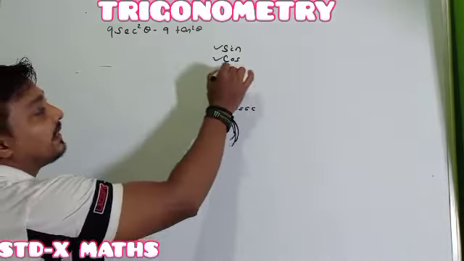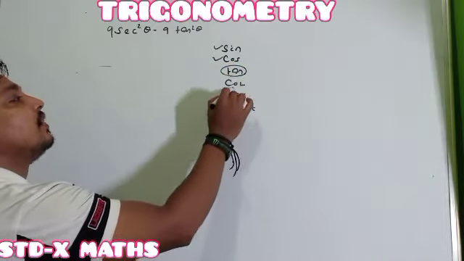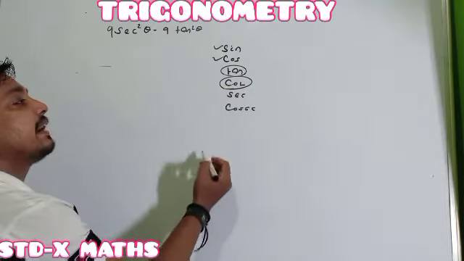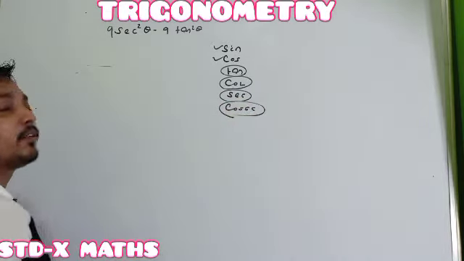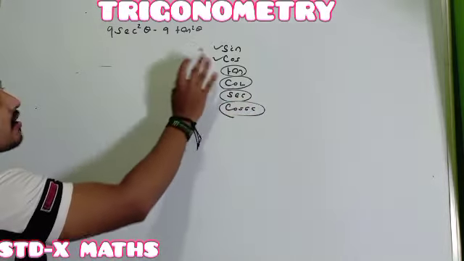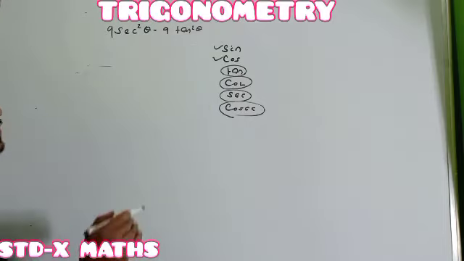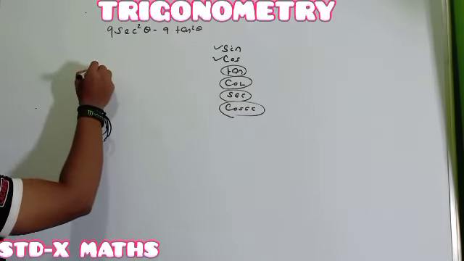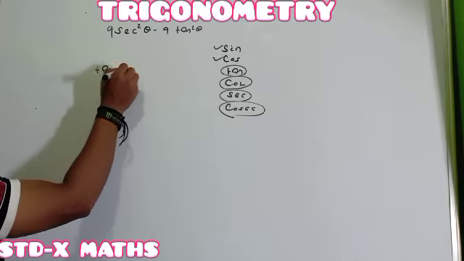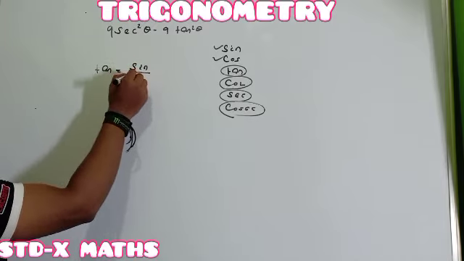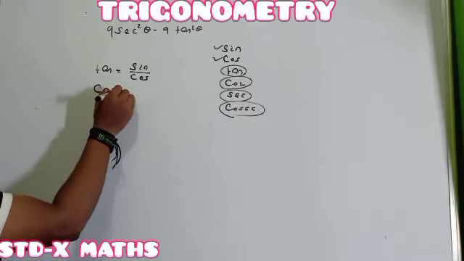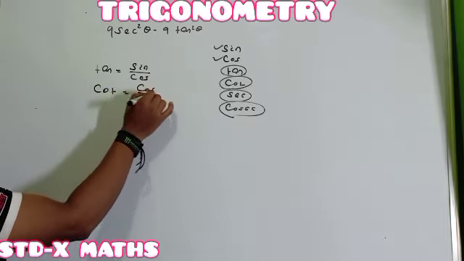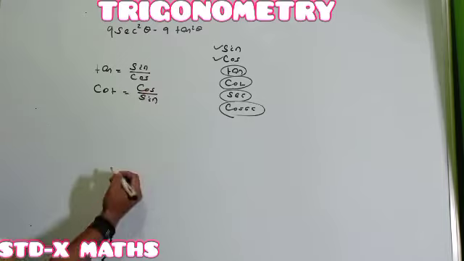It means tan I need to convert into sine and cos, cot also, sec also, and cosec also. Sine and cos both are the simplest form. Now I am saying tan's simplest form: tan is sine divided by cos. Remember, then cot's simplest form is cos divided by sine.